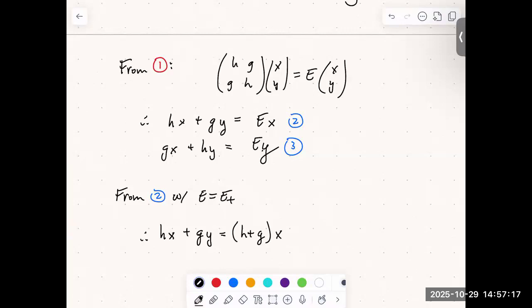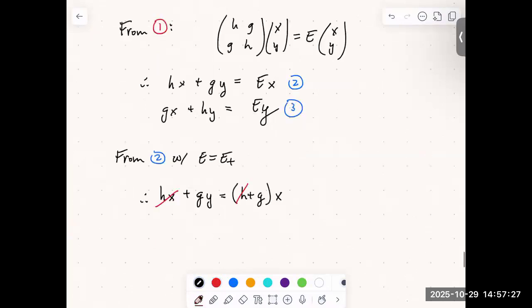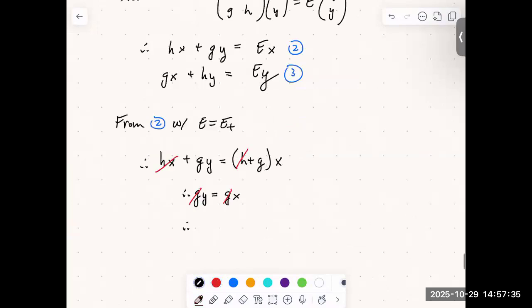And let's see, we have hx on both sides, so I can cancel those. And so I have gy is equal to gx. I can cancel those. And so therefore we get y is equal to x.